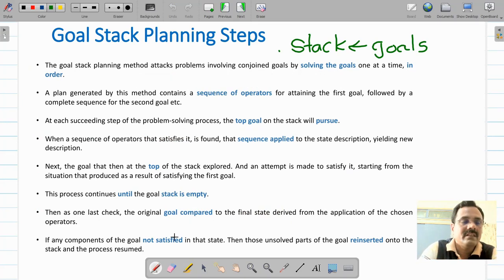Now let us see how this goal stack planning works. In this goal stack planning, as I told, it uses a stack, and on this stack you store goals. So goals are stored on the stack. Along with these goals, you are going to store operators.